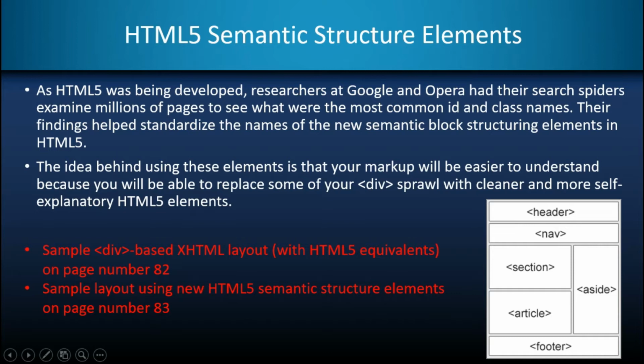Researchers at Google and Opera had their search spiders examine millions of pages to see the most common ID and class names given by the developers to their HTML documents. Their findings helped standardize the names of the new semantic block structuring elements in HTML5. They sent these search spiders, then found the most common names used by developers in those HTML documents, and it helped them create a structure for an HTML5 document.